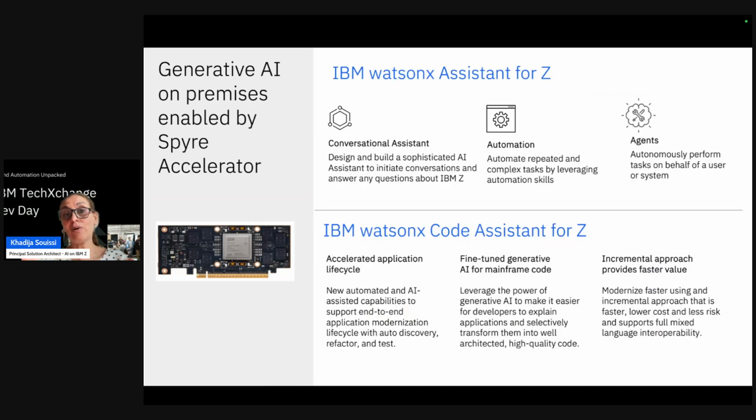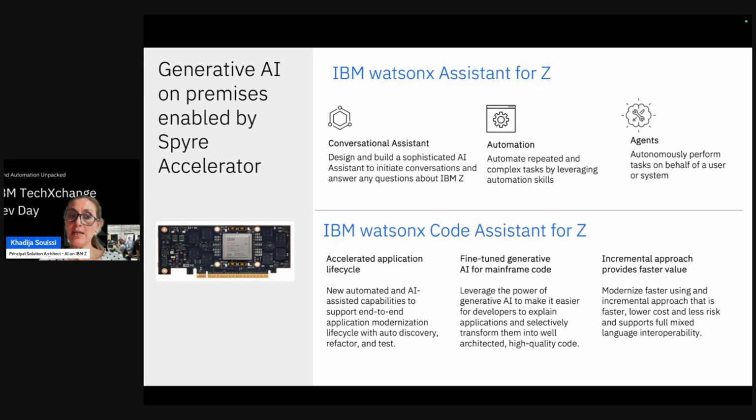We are also introducing from our side, from IBM, some turnkey solutions that are intended to boost the productivity of IBM Z users. The first one that you see on this chart is called Watson X Assistant for Z, and Soumya is going to deep dive into it.